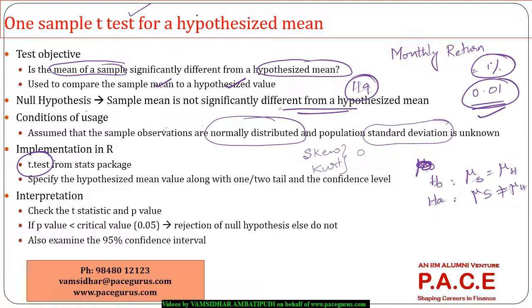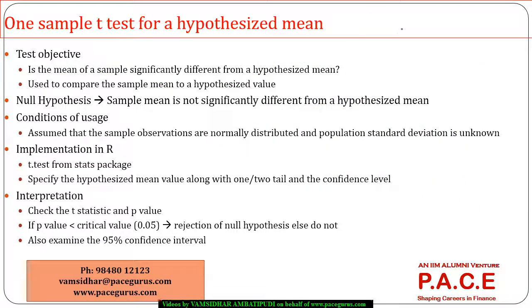So what does that mean? If the alternative is two-sided, then it means my null hypothesis is that the sample mean is equal to the population mean or the hypothesized mean, and the alternate hypothesis is no, they are not equal, they are different, meaning it could be lesser or it could be greater.